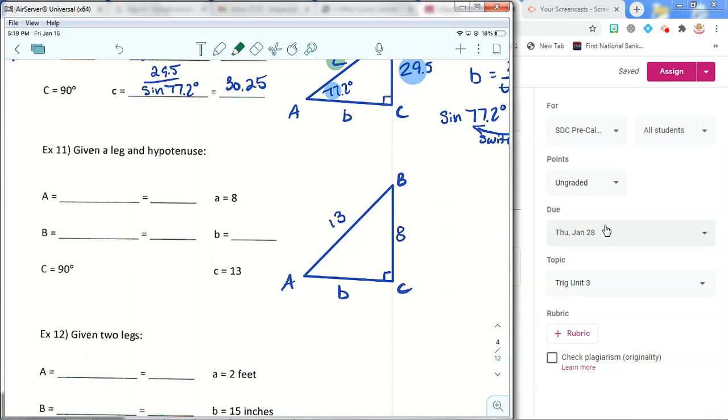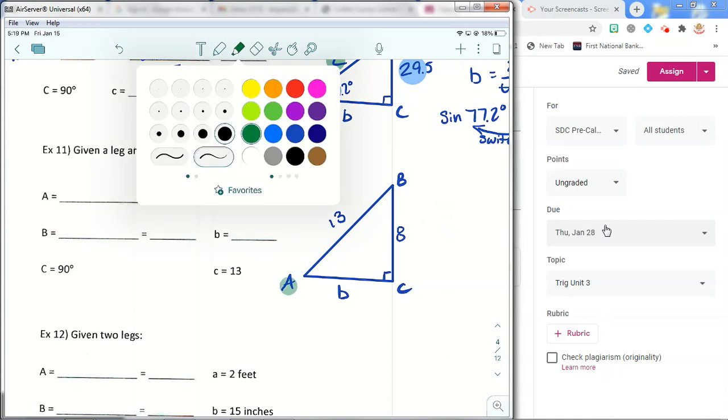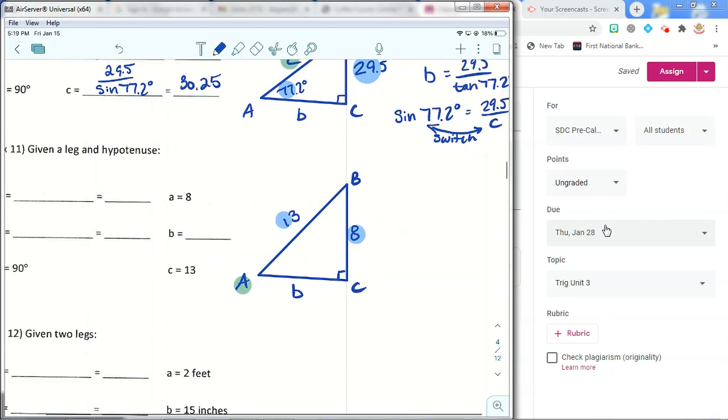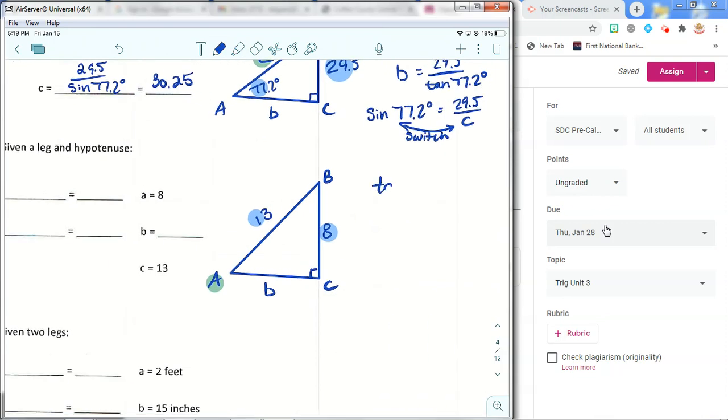So if I want to find angle A, and then I look at what I know, what relates those together is going to be the tangent. So the tangent of A should be the opposite. I'm just kidding. It's the hypotenuse. So the sine of A is going to be the opposite over the hypotenuse.